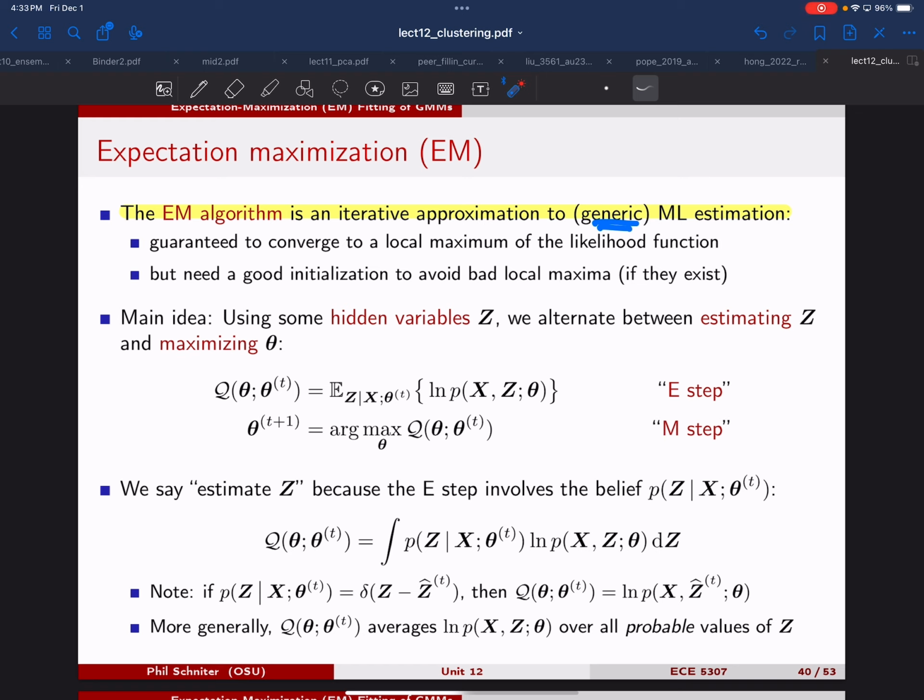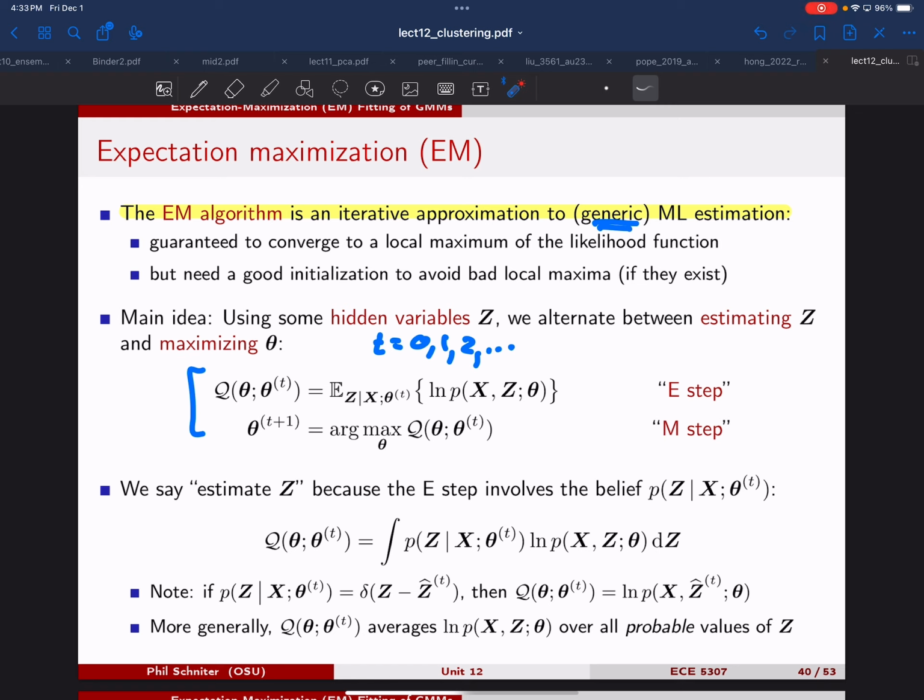Okay, so this EM algorithm iterates between two steps. In this case, t is our iteration index, 0, 1, 2, and so on. These are the two steps. It looks a little bit strange at first.